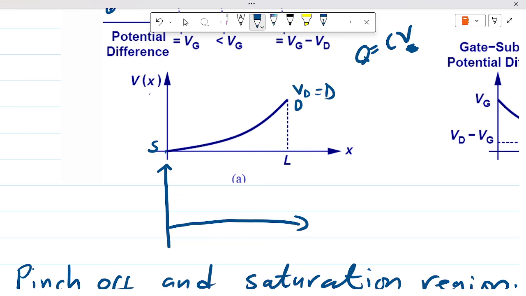Now as the potential increases, the charges will also reduce, because of the voltage across the capacitance, this being the gate.